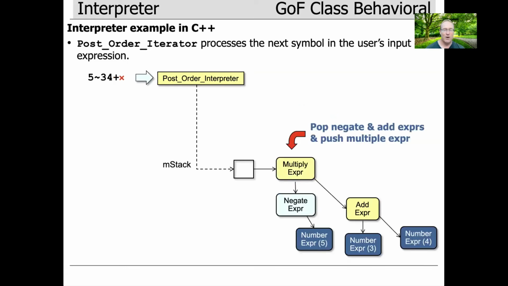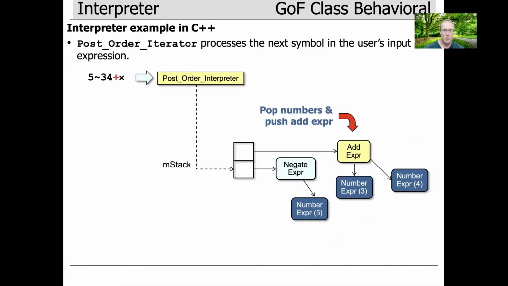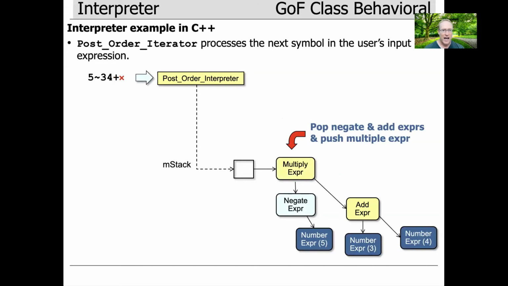And then finally, we see the multiplication symbol. That will pop the top 2 items off the stack, which of course will be the add expr subtree and the negate expr subtree. We'll make a new multiply expr object and then connect negate expr and add expr to it as its left and right children, respectively.